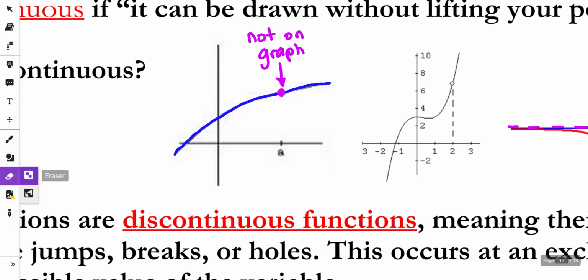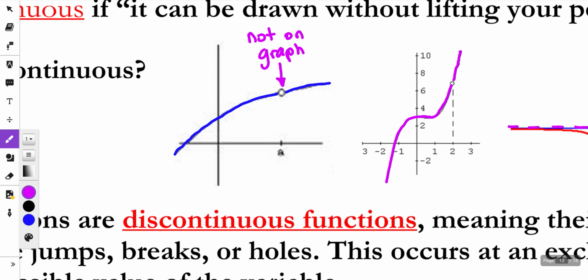So now we're going to have to start to look a little bit closer at graphs. If they mark a point, make sure it's a solid point. If it's a hole, if it's open, they're trying to say that that point does not exist on the graph. And it's discontinuous. So if you look at the next one, same thing's happening. They have this nice function, it's going up, it curves down and up and over, and then it hits that hole, and then it keeps going.